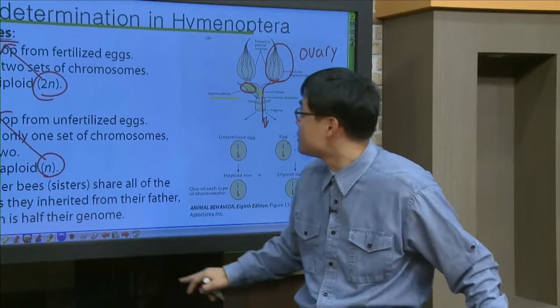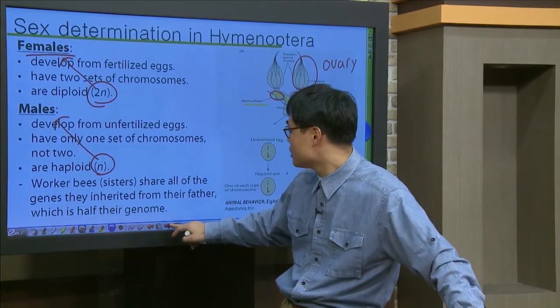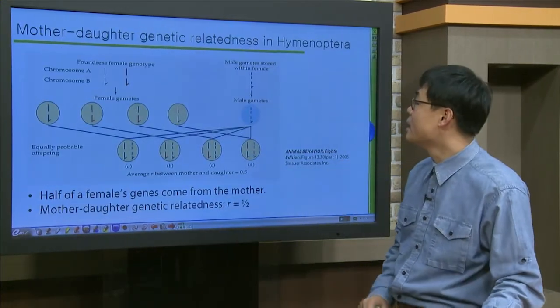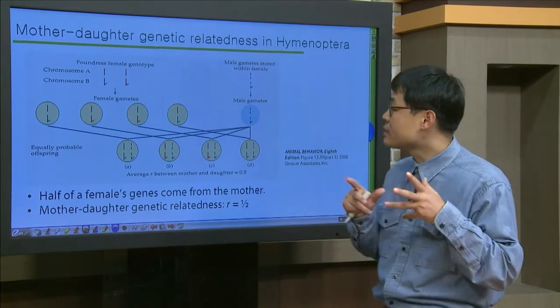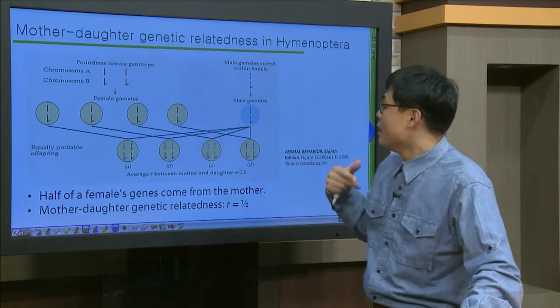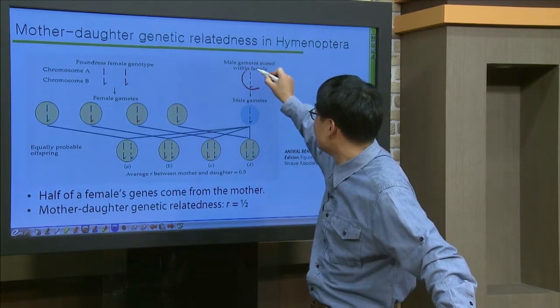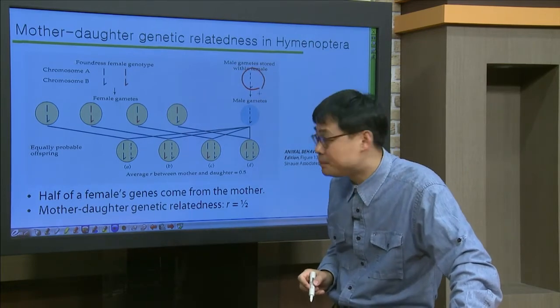And what effect does this sex determination have on the evolution of social behavior in Hymenoptera? We need to understand the mother-daughter genetic relatedness in Hymenoptera. And that's the chromosome from the males.